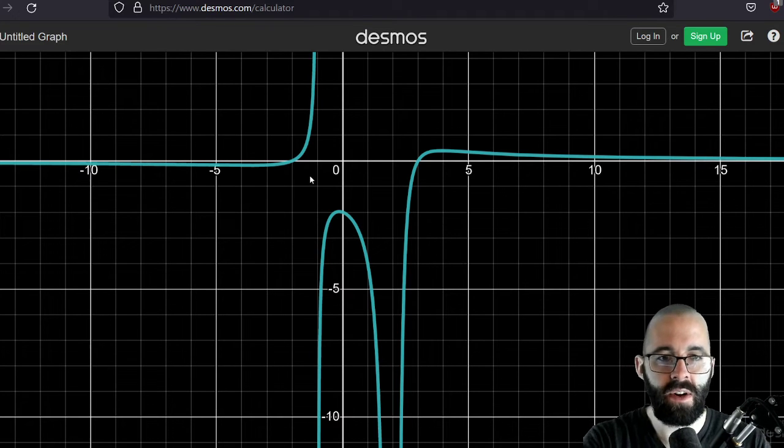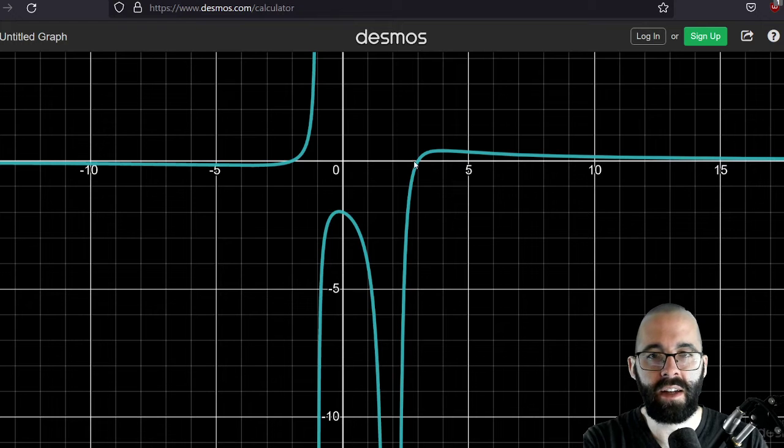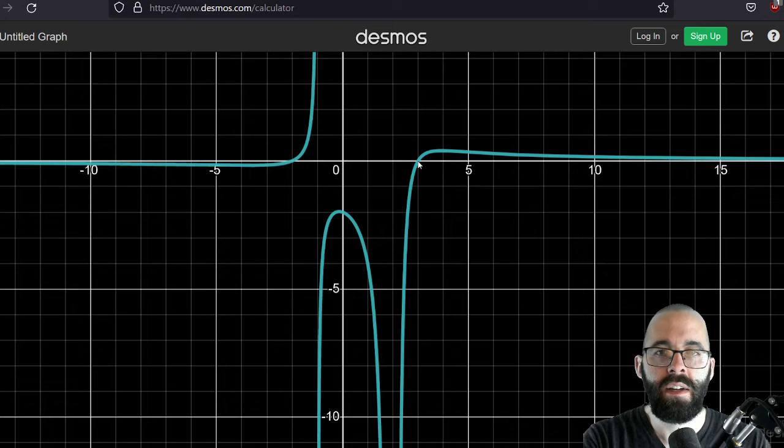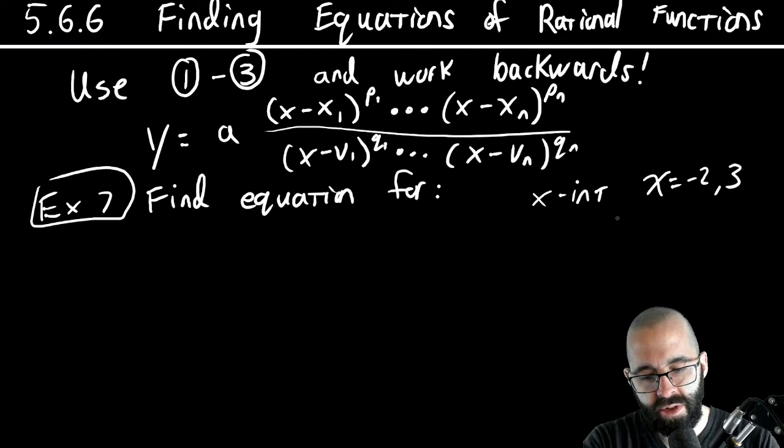Is it bouncing off, crossing like a cubic, crossing kind of like a line? These all have multiplicity of 1, these zeros right here. We're not bouncing off or doing anything weird with curvy. They're regular old X-intercepts. I think these are the only times we cross the x-axis. We have an asymptote here, but again, multiplicity 1.